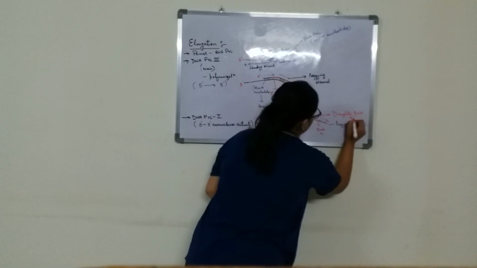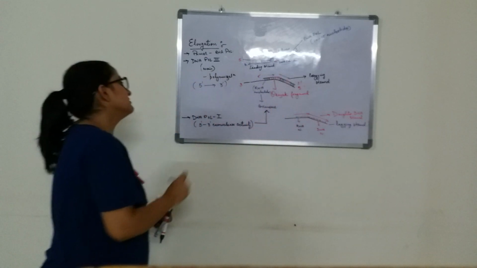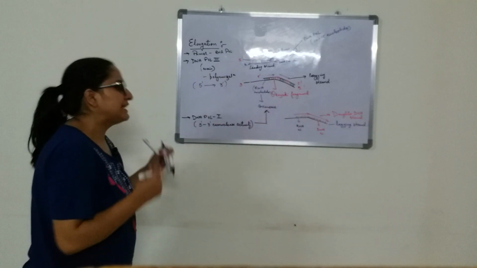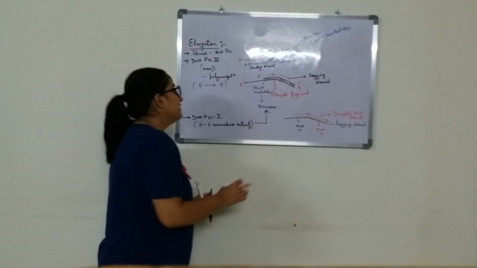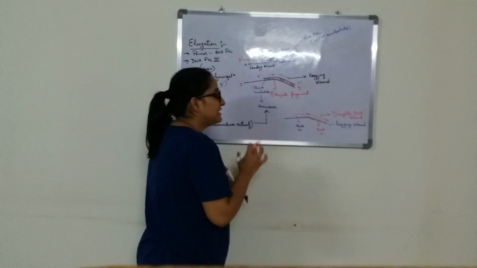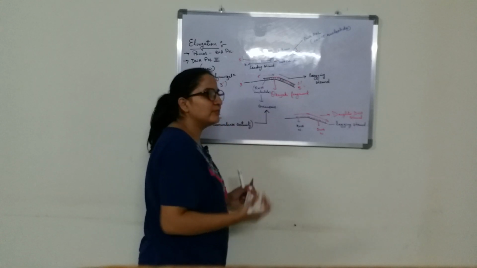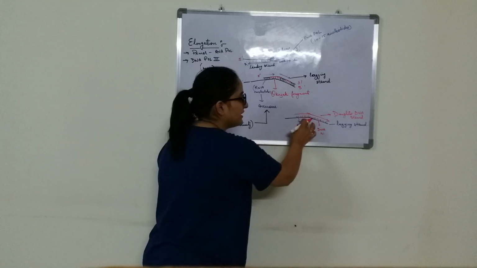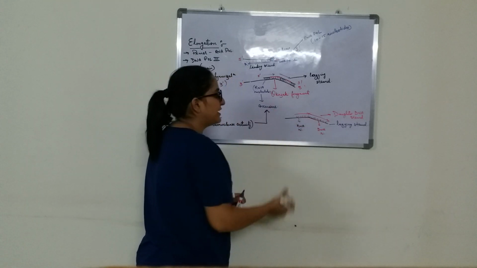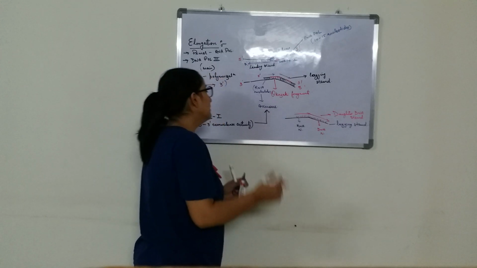But since DNA polymerase 1 can make mistakes anywhere, to see if it has done any mistake or added any wrong DNA nucleotides in the lagging strand or the leading strand during the removal of RNA nucleotides, what happens?